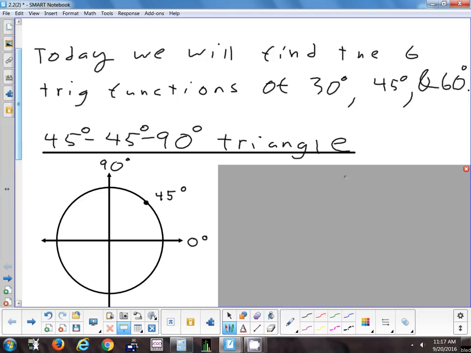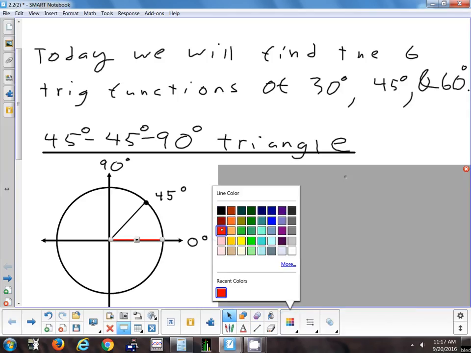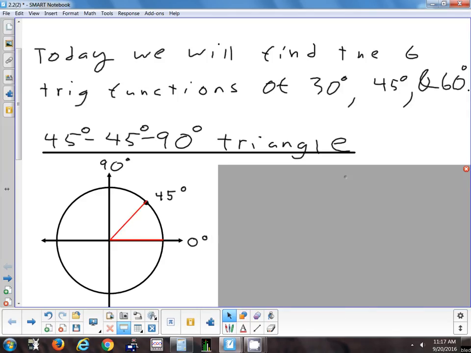Yeah, it's half. Okay, so the angle that we're trying to find the trig functions of, I'll just draw the angle right there. Okay, and I'll make these 2 sides red so you can see them. That's your angle.